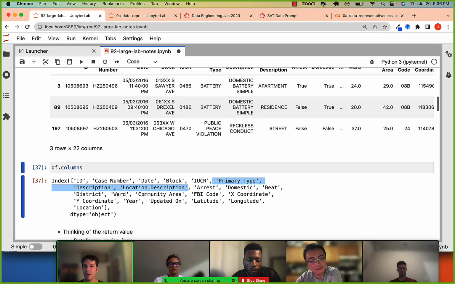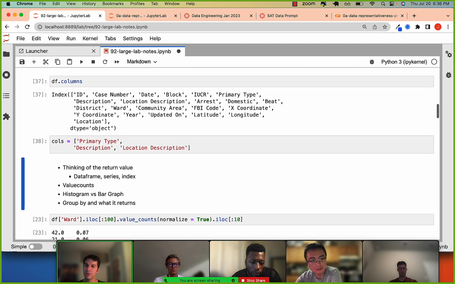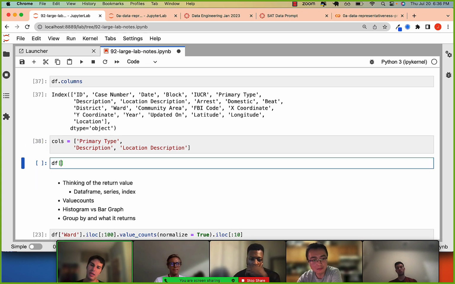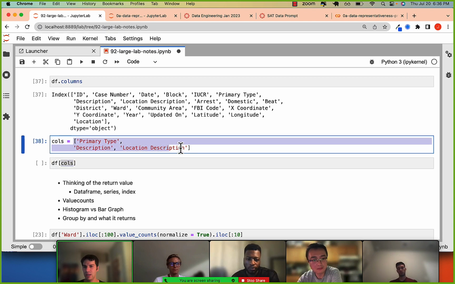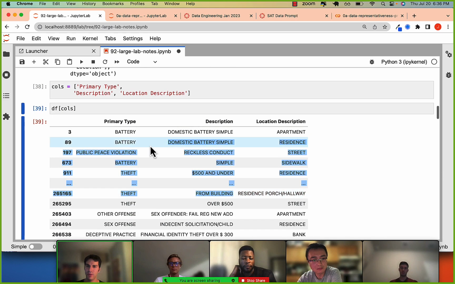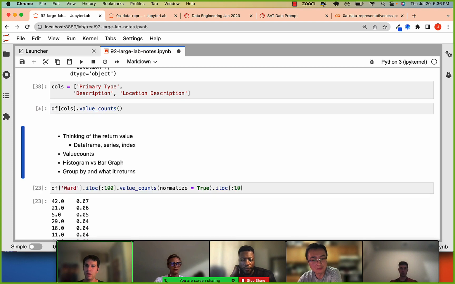I'll take them, wrap them in a list, and call it columns. Then I can do df square bracket, and remember inside the square bracket is where my columns go. Inside is a list of columns, and this will return to me a data frame. And then I think I can call value counts on this whole thing, right?